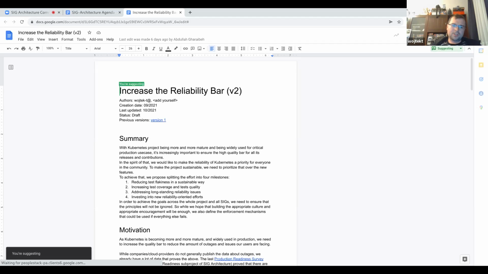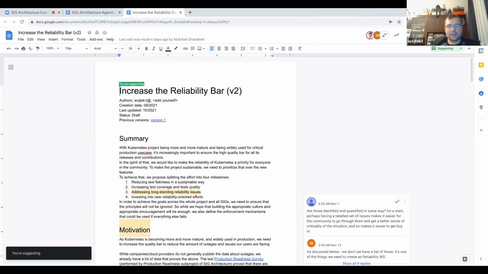Each SIG should be working within some defined time frame, whether it's 2 releases, 3 releases, or something like that, depending on how big the effort would be.